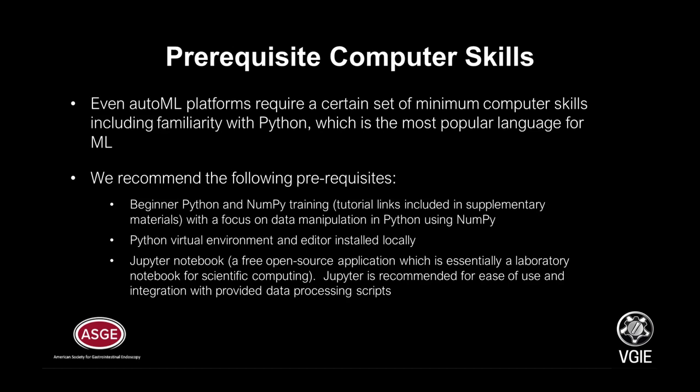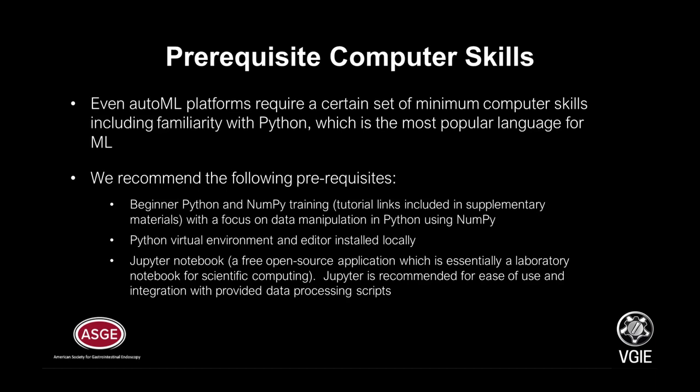While the machine learning is done by the AutoML platform, data processing must be done by the user, and therefore certain prerequisite computer skills are still necessary, including familiarity with Python, which is the most common language for ML projects. Jupyter Notebook is a very useful tool that allows you to edit and run local files in your browser.